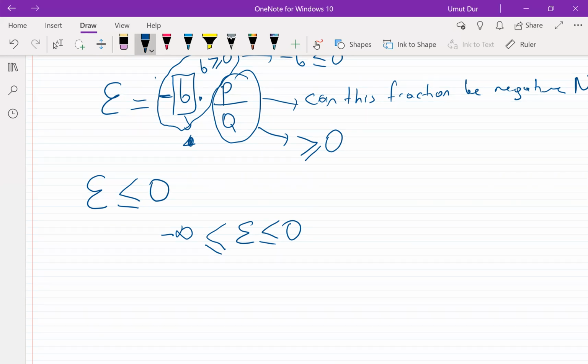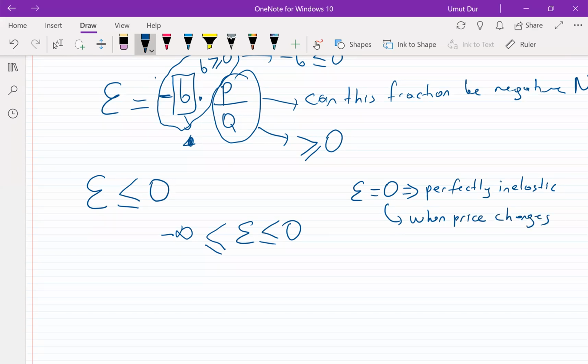If elasticity is 0, then we say that demand is perfectly inelastic. So how can the elasticity be 0? What does it mean? When price changes, quantity does not.